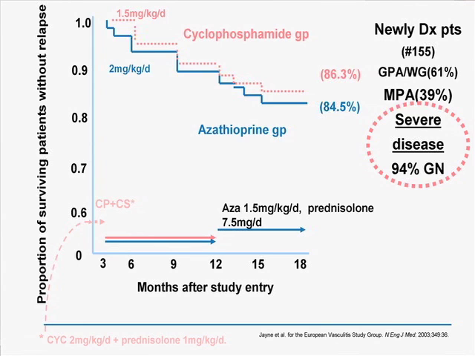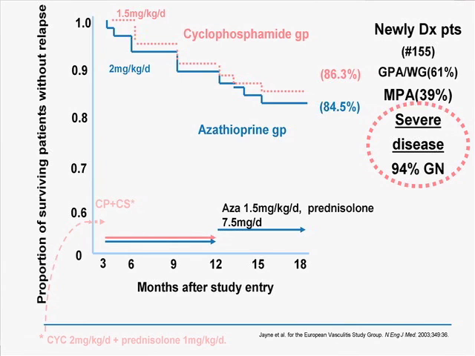And what we see here is that for the first 12 months, these curves are superimposable. And we're looking here on these curves at maintenance of remission. So at 18 months, we have about 90% of all patients in remission in both groups. Now, knowing the toxicity of cyclophosphamide, the investigators felt it was unethical to keep giving cyclophosphamide in the control group here, so they switched everybody to azathioprine.